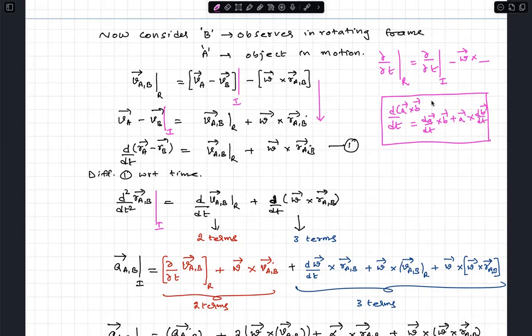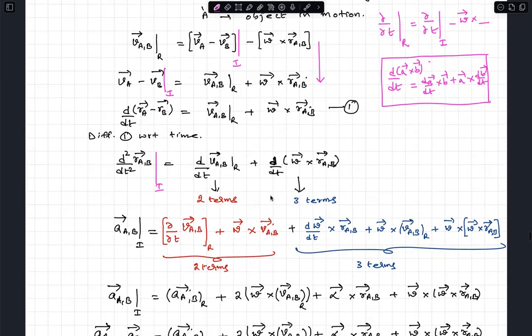Now, will you agree that this differentiation contains two terms? But dRAB bar by dt will contain how many terms? Two more terms. So three terms in this, two terms in this.